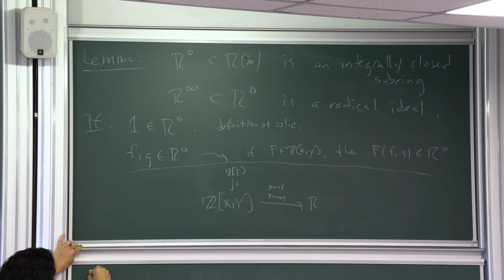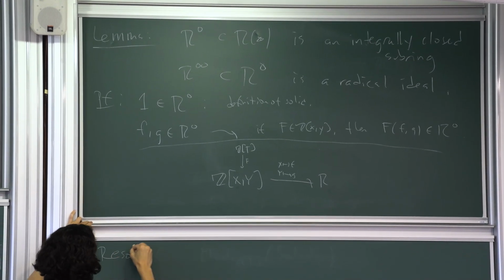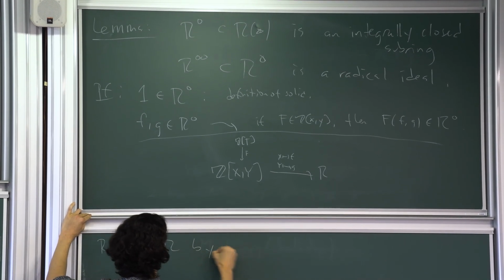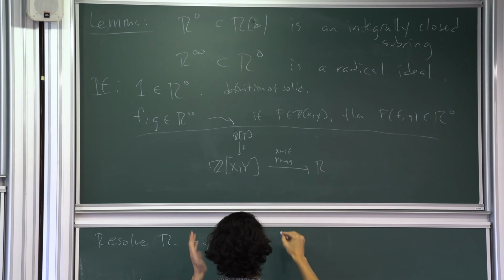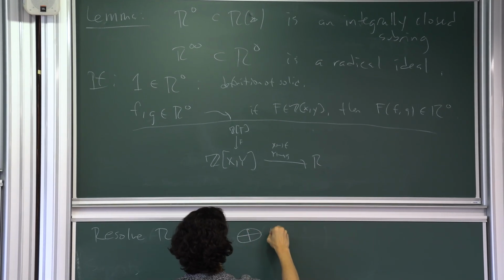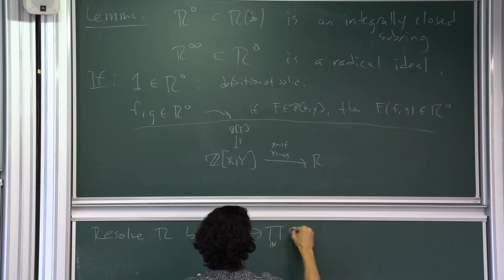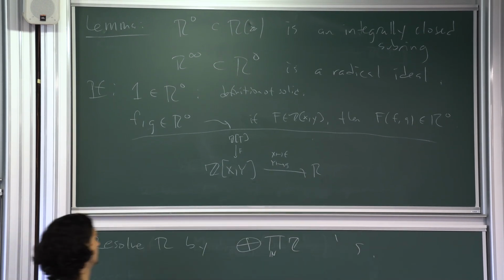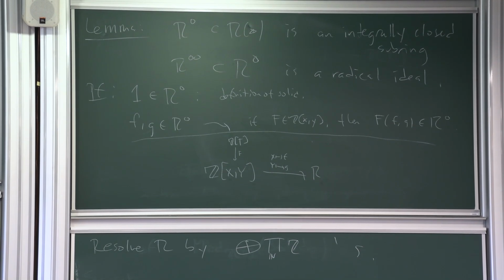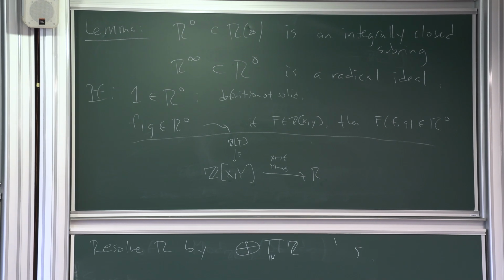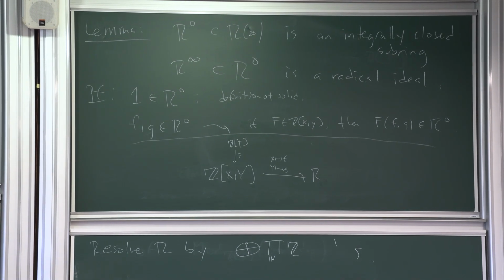So first, R is definitely solid as an abelian group, so we can make a resolution of R by direct sums of our compact projective generators.